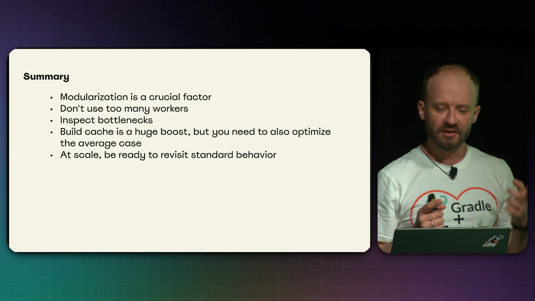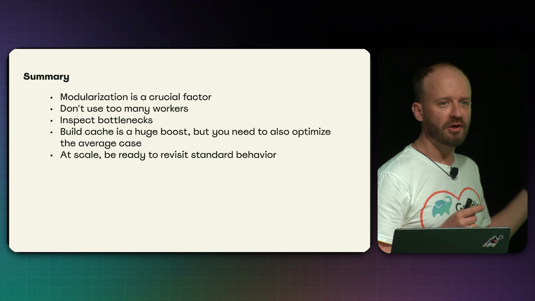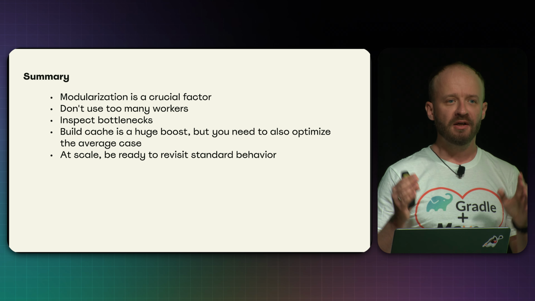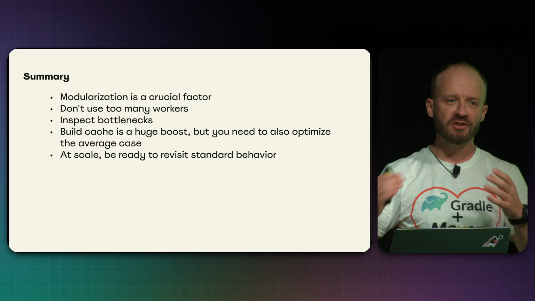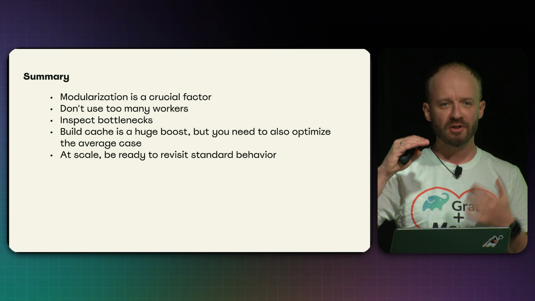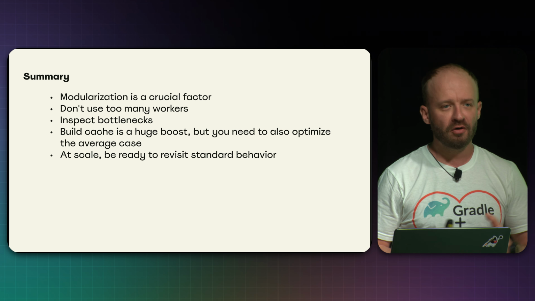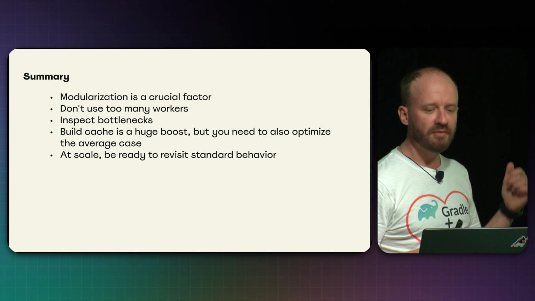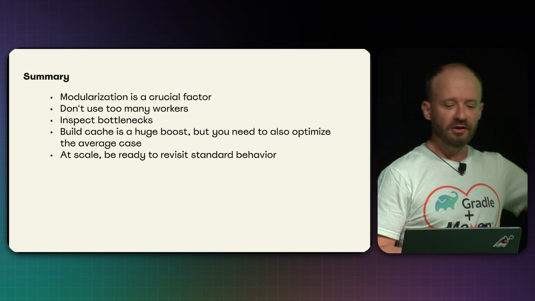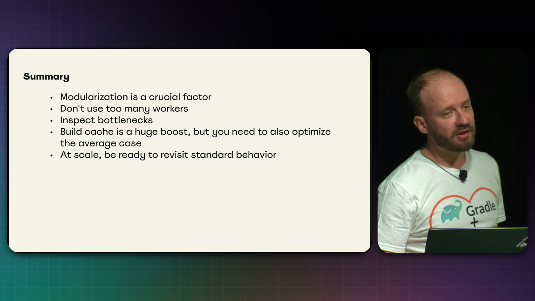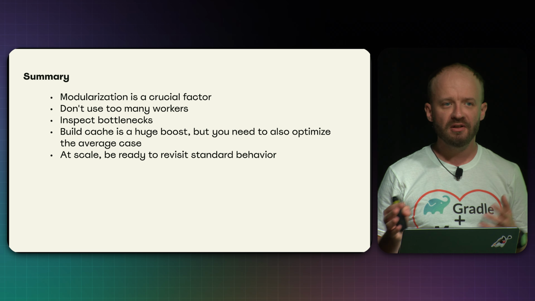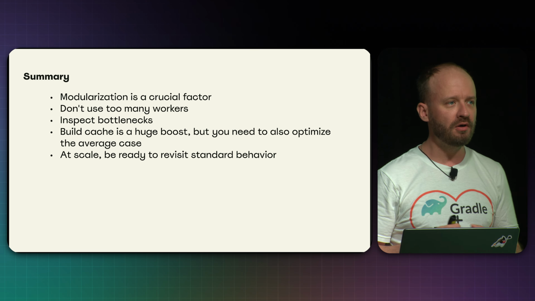The second is, don't define too many workers. Limit them. Instead of increasing the number of workers, try to leverage as much as possible the minimized number, because overall the performance of your build will be better. Use proper tooling to inspect bottlenecks, like the Develocity extension or Takari. Build cache is king.